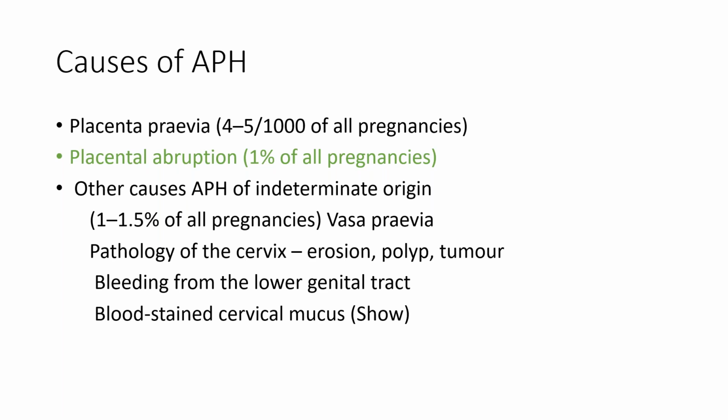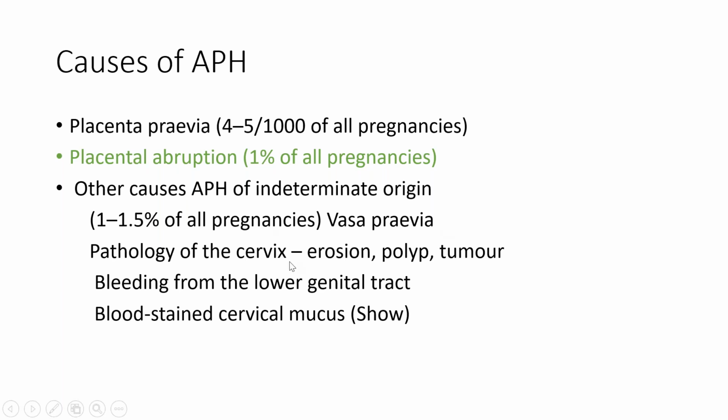Vasa previa is when the placental vessels or fetal vessels come in front of the cervical os, or there is sharing of fetal vessels, placental vessels which are there to supply the fetus. If there is any injury to those vessels, that is vasa previa, any kind of vessel which is coming in front of the cervix or during delivery.